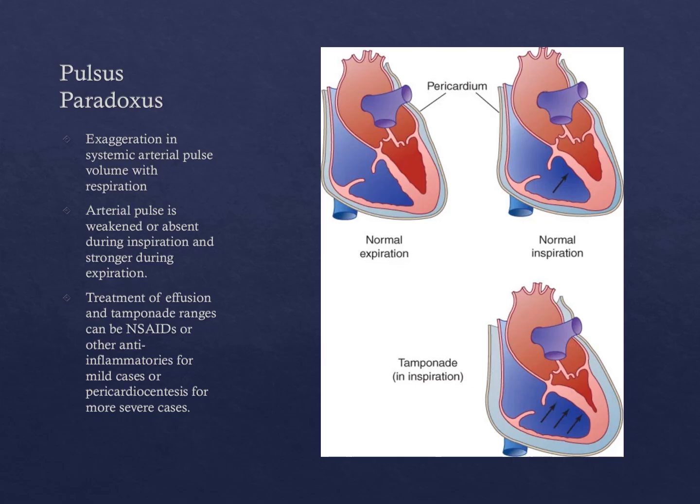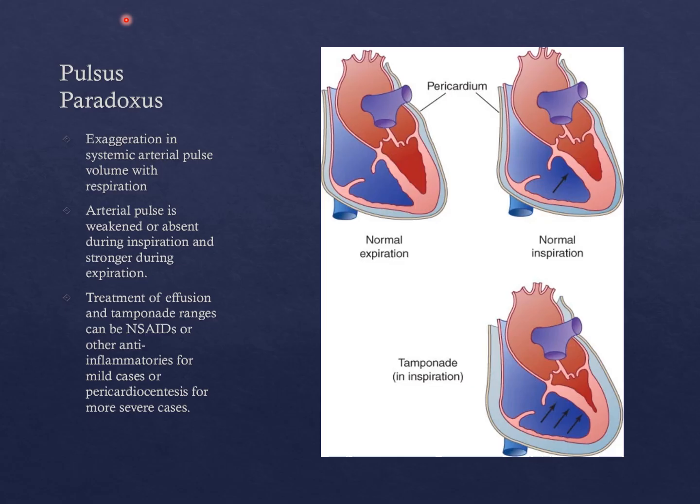So another thing that we often see in cardiac tamponade is something called pulsus paradoxus. So this is, by definition, an exaggeration in systemic arterial pulse volume with respirations. So normally when we breathe, there's a decrease in intrathoracic pressure. So the pressure inside of the thoracic cavity will decrease during inspiration.